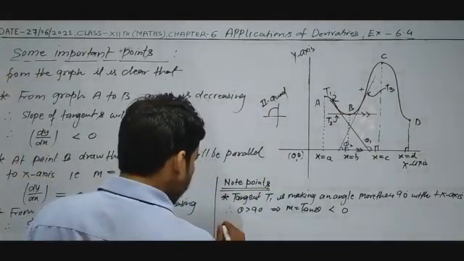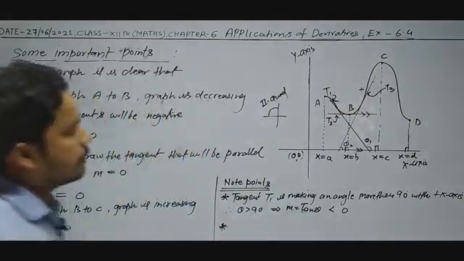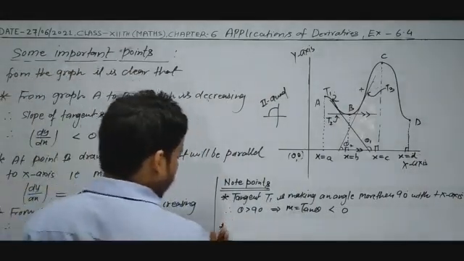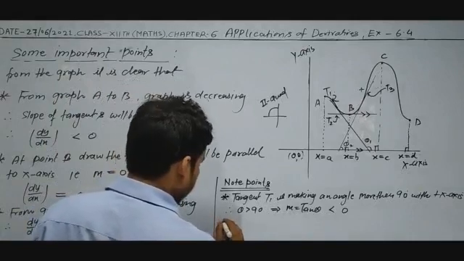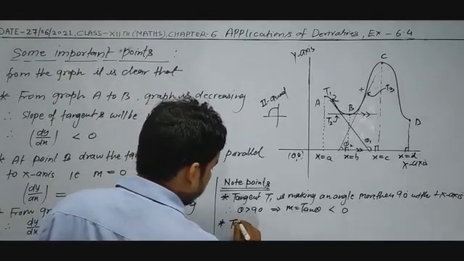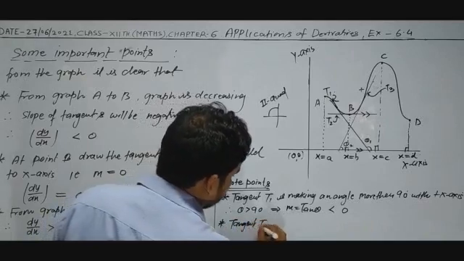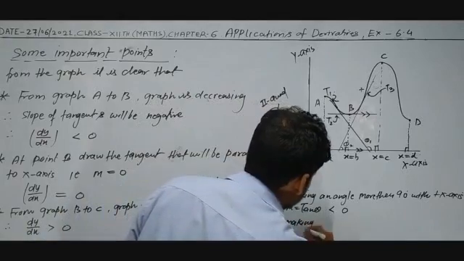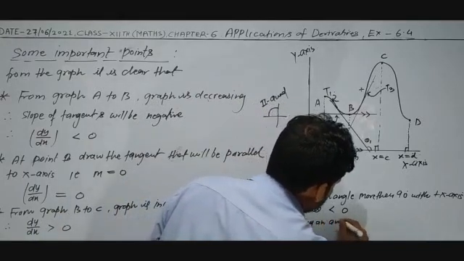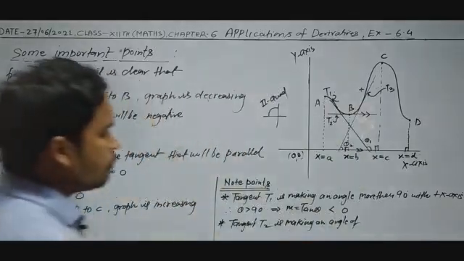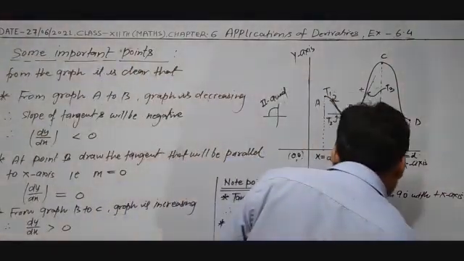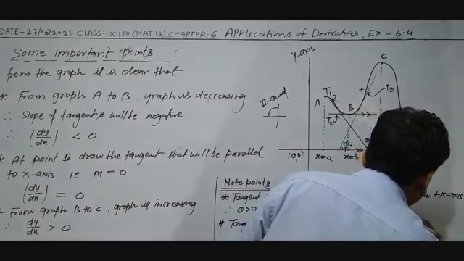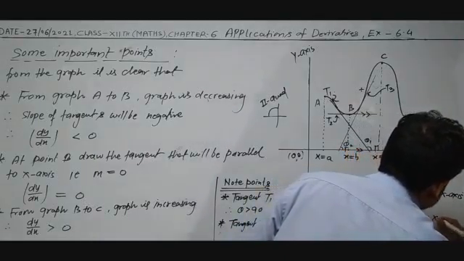Similarly, second point, talking about tangent T2, tangent T2 is making an angle of equal to 90 with a positive x-axis.